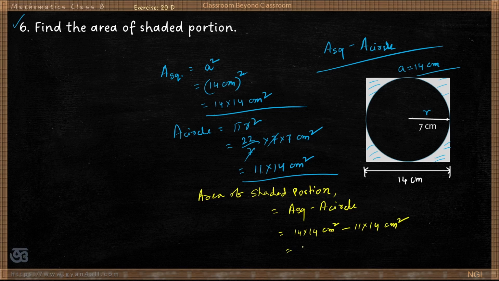So if you take 14 common, then it is 14 minus 11 centimeter square, that is equal to 14 multiplied by 3 centimeter square, and this is equal to 42 centimeter square. Area of this shaded portion.